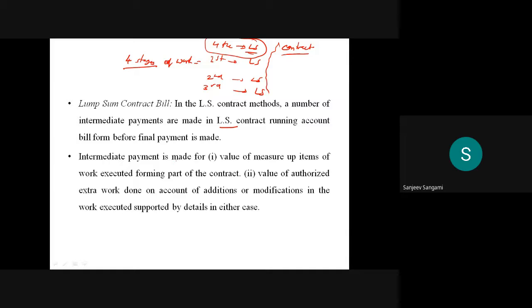Intermediate payment is made for the value of measured items of work executed forming a part of the contract, and the value of authorized extra work done on account of additions or modifications in the work executed, supported by details in either case. In the final lump sum bill, the full amount as entered in the contract is paid, adding the amount of authorized extras and deducting the authorized omissions and the intermediate payments already made.